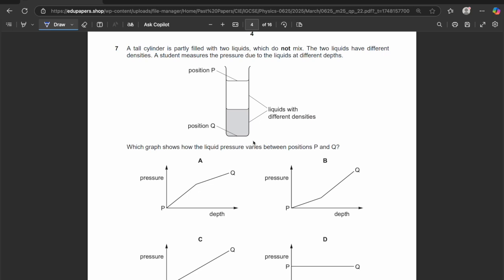And at Q, the pressure would be the biggest, right? So it's either A or B, and C is not possible because those are two different liquids, and D is also not possible because they can't be the same. So in A and B, in A, right, P has a greater rate of increase with depth, which is not true because this is less dense, so Q would have a greater pressure, so it will be B.